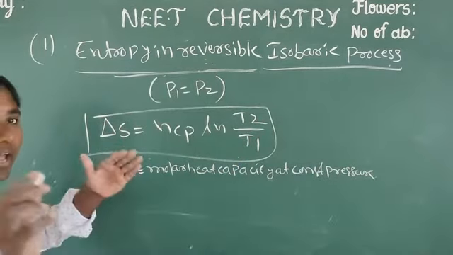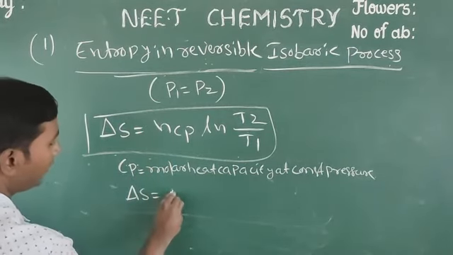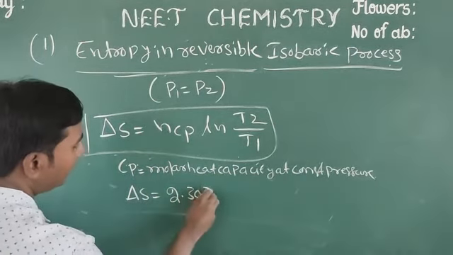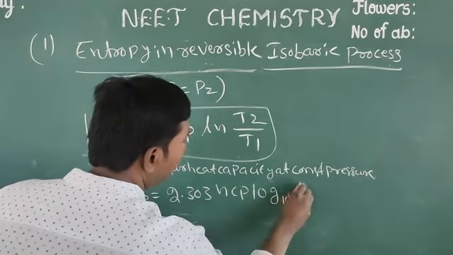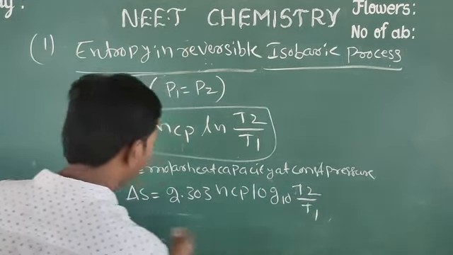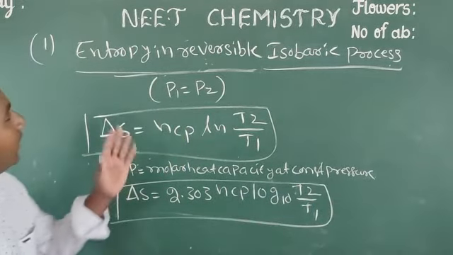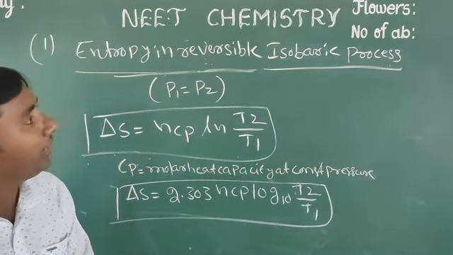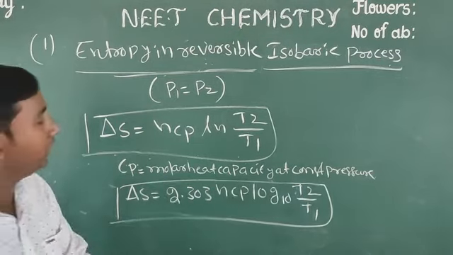So it converts to log: del S equal to 2.303 n Cp log10 T2 by T1. Okay, this is the entropy in a reversible isobaric process.